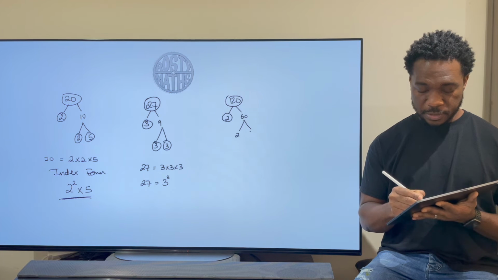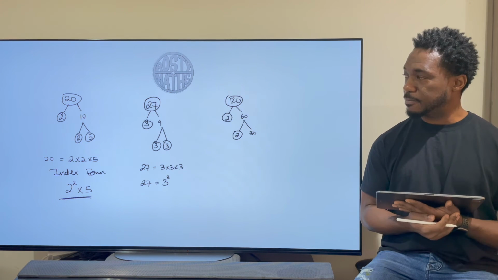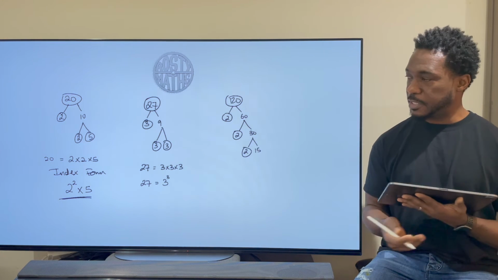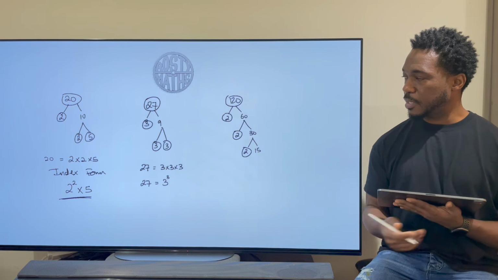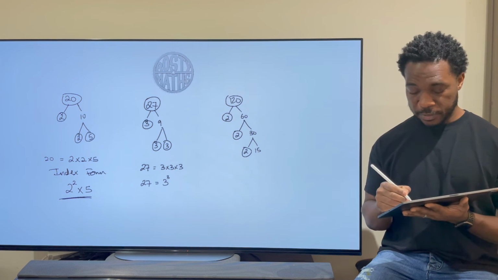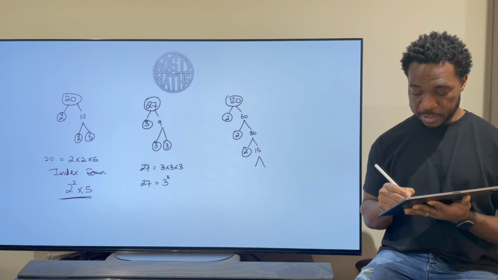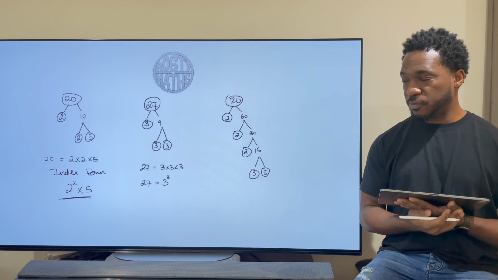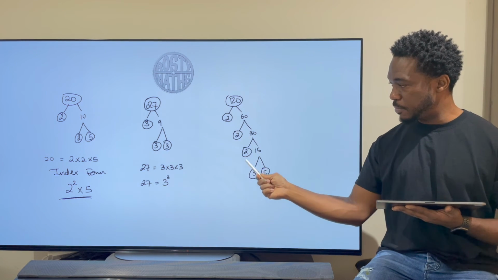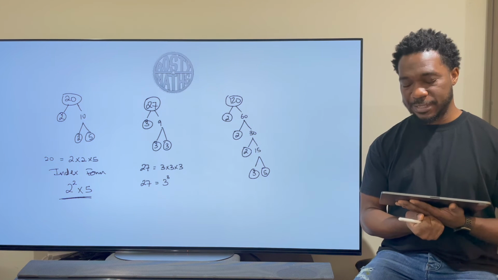2 times 30 makes 60. And then 2 times 15 makes 30. Circle the 2. That 15 is not an even number, that's an odd number, so we'll need to split that apart into 3 times 5 to make 15. We are now finished because we've only got prime numbers at the end of all of our little stems.